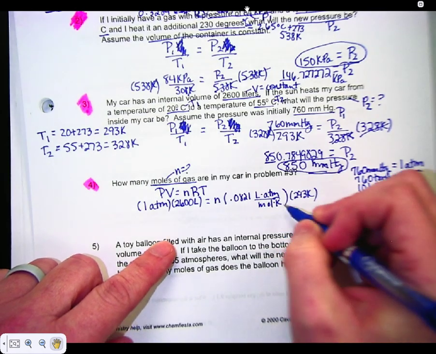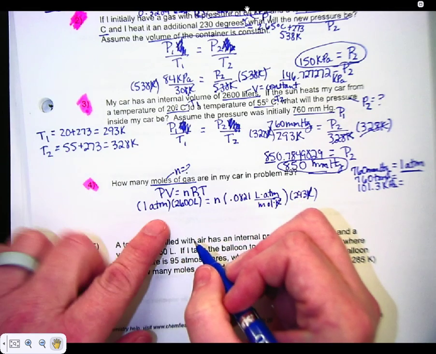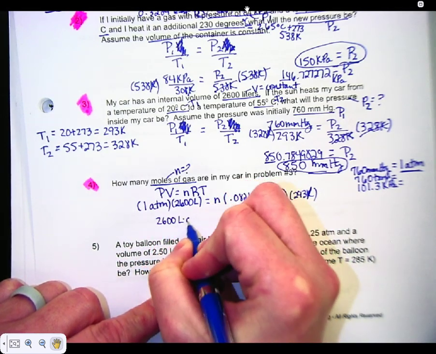Okay, so our Kelvin cancels out, and we can see on the left we have 1 atmosphere times 2,600 liters, which is 2,600 liter atmosphere.